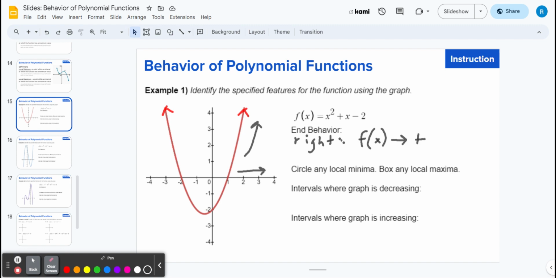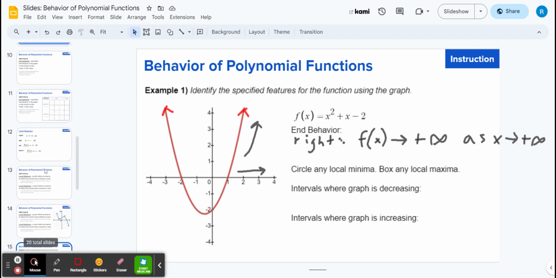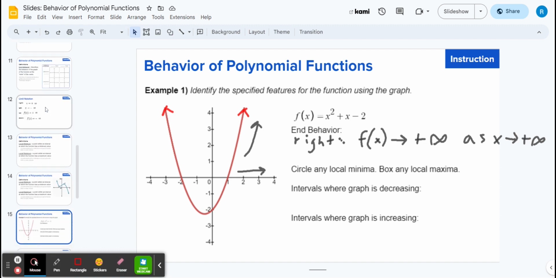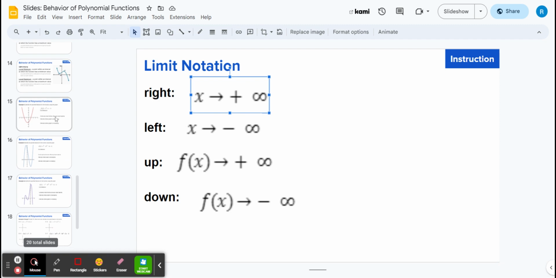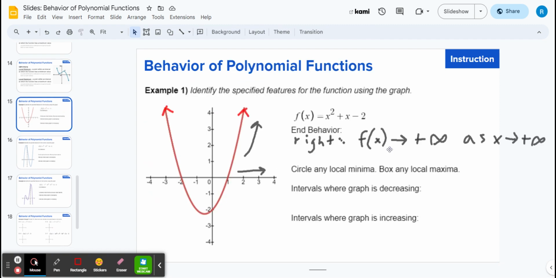It's moving up as x goes towards positive infinity. And it might be confusing at first, but we'll get good practice with this. But think about it, if we translate that, my graph is moving up as I'm moving to the right. Go back, we see, all right, my graph is moving up as I move to the right.